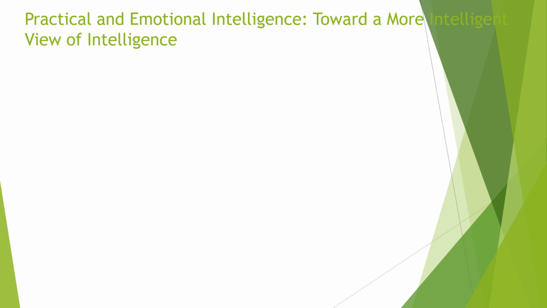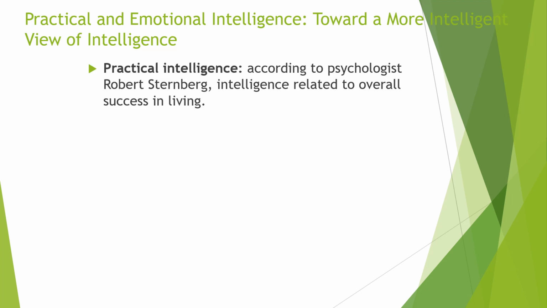The next thing I want to look at is the difference between practical and emotional intelligence. And this is going towards a more intelligent view of intelligence, right? So first off, for the practical intelligence, according to psychologist Robert Sternberg, intelligence is related to your overall success in living.